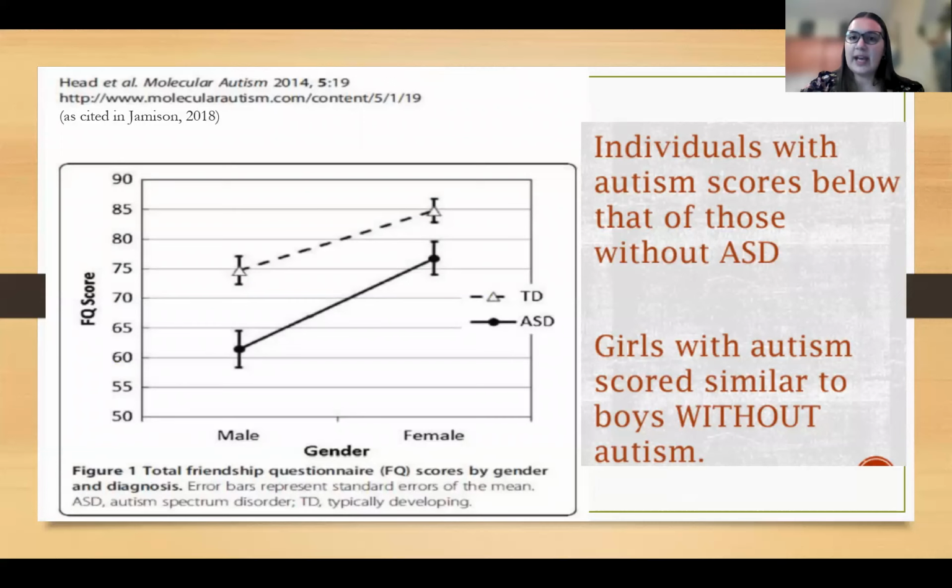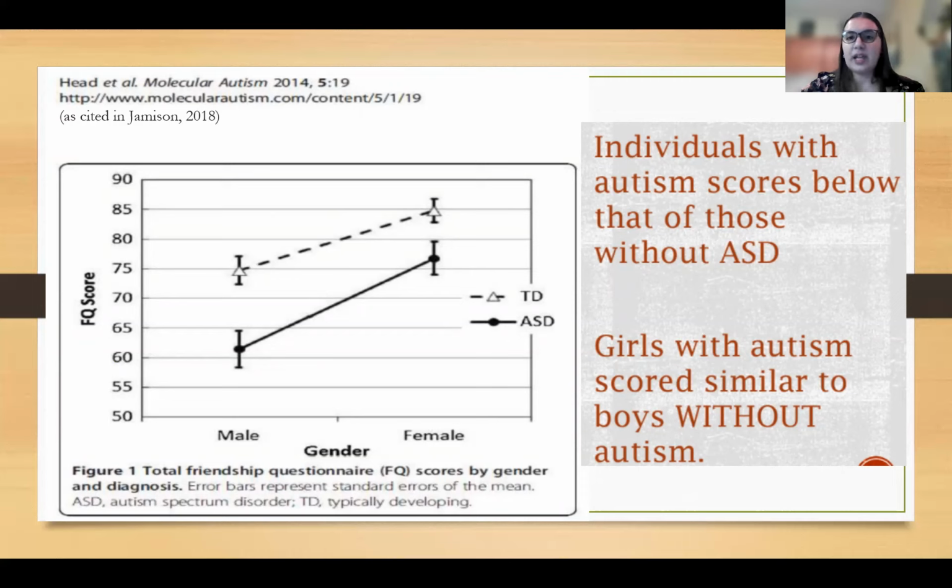Something interesting about that gender difference is when you look at development of social skills, and particularly a friendship questionnaire this study did, the bottom line, the black line, is individuals with autism spectrum disorders, and it shows the skills of males with autism spectrum disorders and females with autism spectrum disorders.